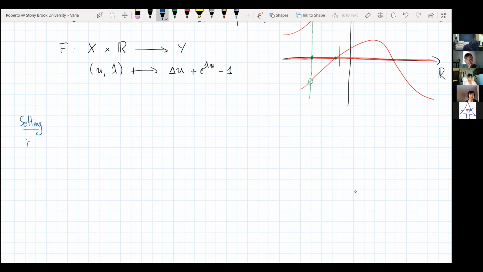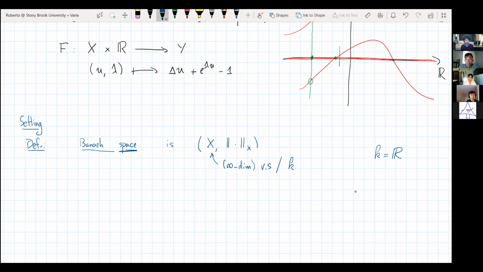Okay, so the definition that probably most of you, if not all of you, have seen is the one of Banach space. So a Banach space is a couple (X, norm of X), where X is a possibly infinite dimensional vector space over some field k. And we will just take k equal to R, because that's the natural setting for when we study PDEs.